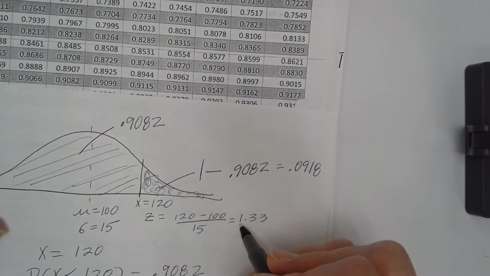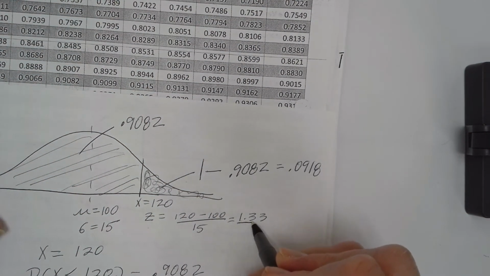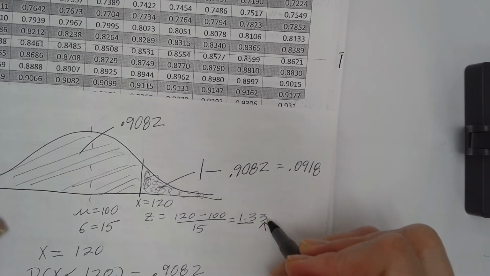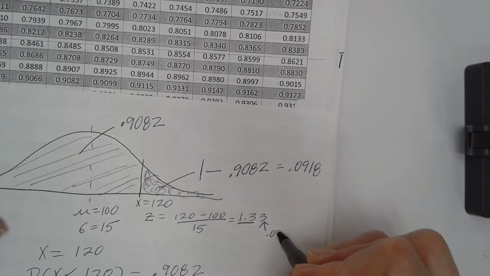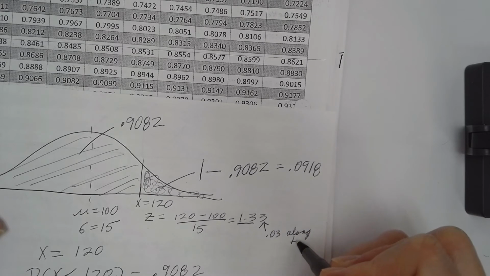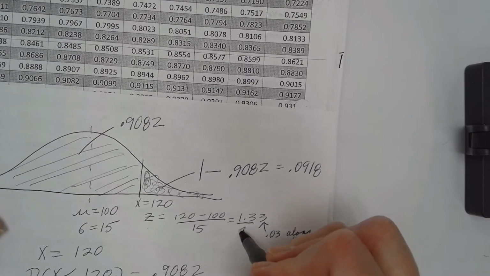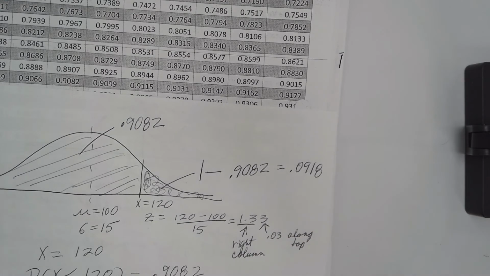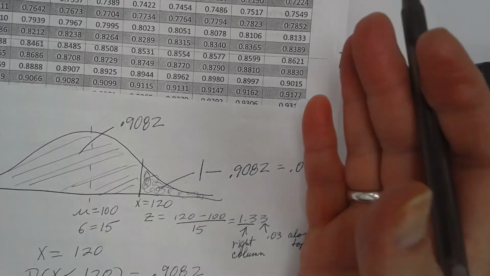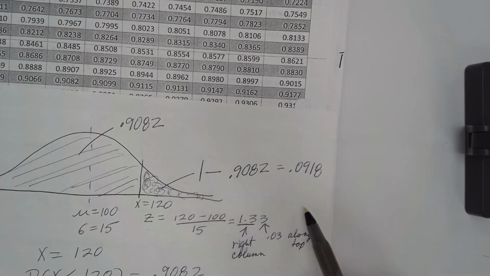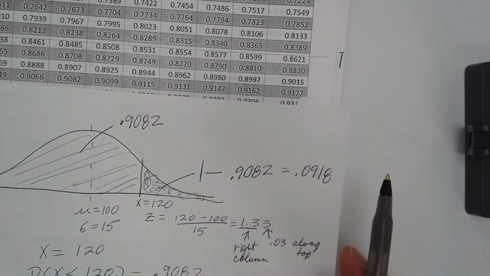So z equals 1.3 is along the left column, and then the hundredths digit is the 0.03 along the top. That's the right column. Make sense? Okay, so the table always gives you the area to the left. So if you want the area to the right, you have to subtract that area from 1.